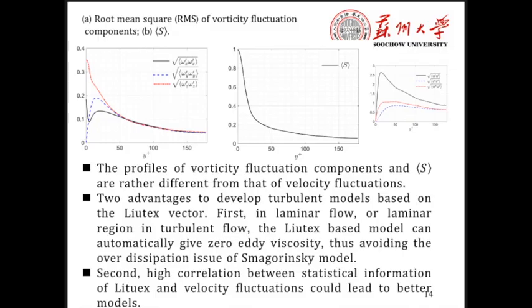Second, there is a high correlation between statistical information of vorticity and the velocity fluctuations. So we may expect a better model.